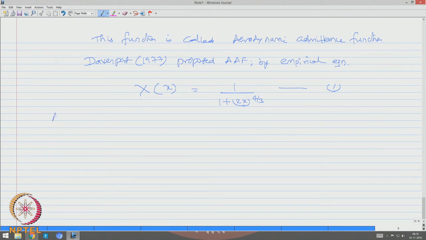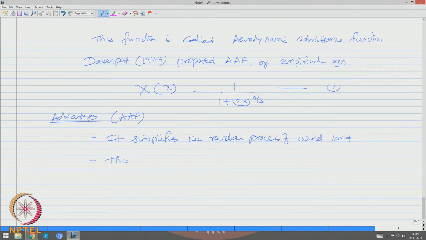So, the advantages with the aerodynamic admittance function are, one, it actually simplifies the random process of wind load, because by using the aerodynamic admittance function you are not involving the gust component and the complexity in estimating the wind forces.